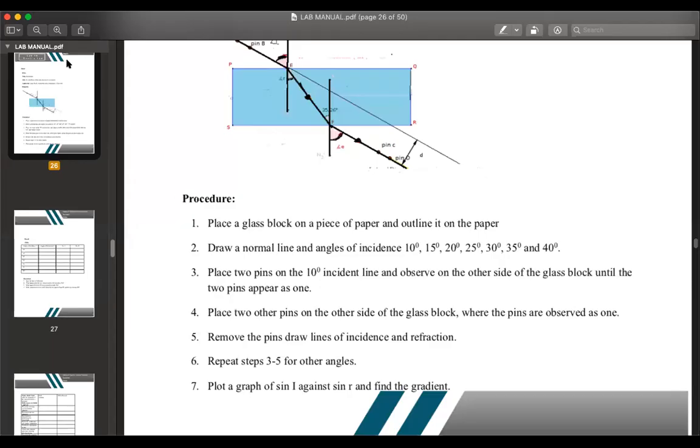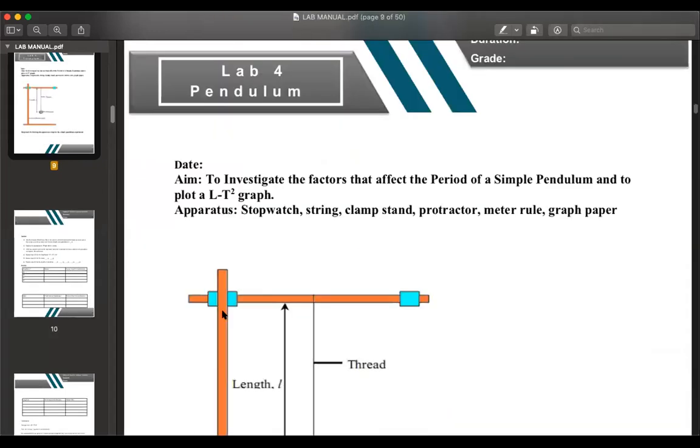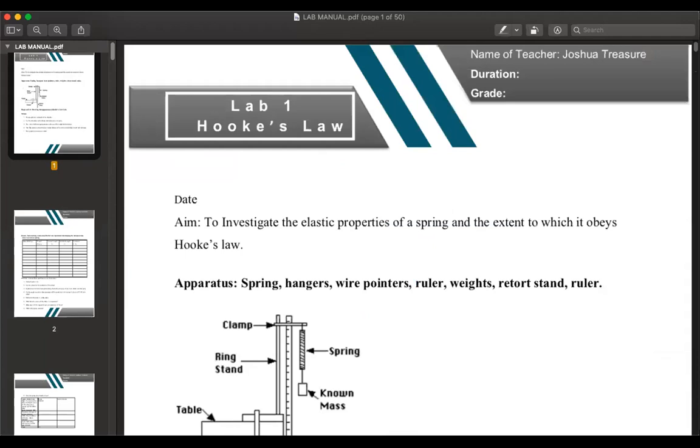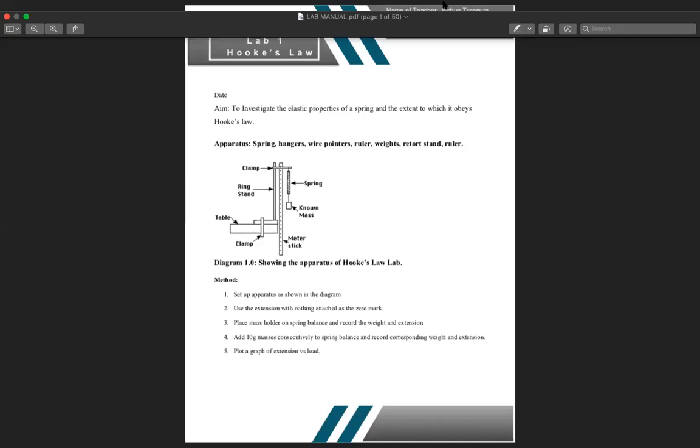Alright, so based on the feedback after the submission of labs, I saw where there were some misconceptions as it relates to some of the labs. Let me plug in my charger for this thing, guys. We're going to go back to the labs again, and we're going to identify what is needed for the labs.